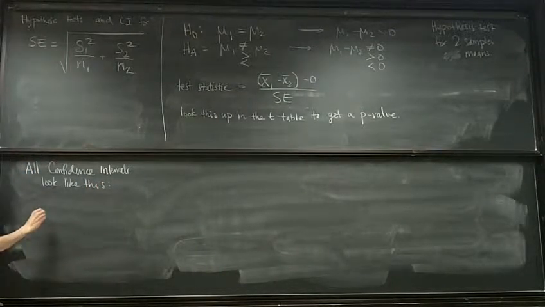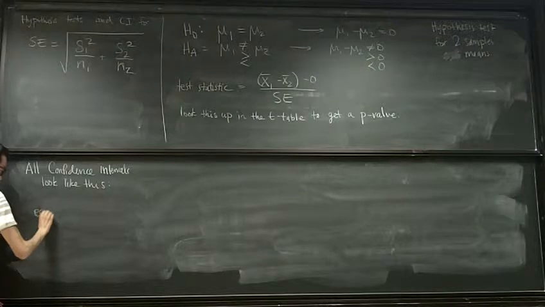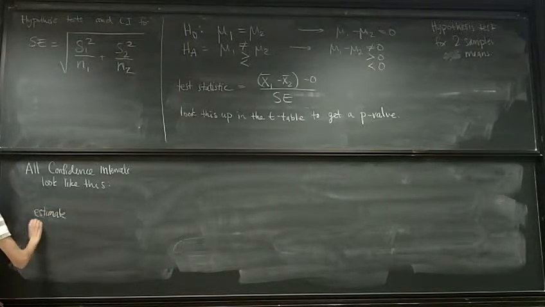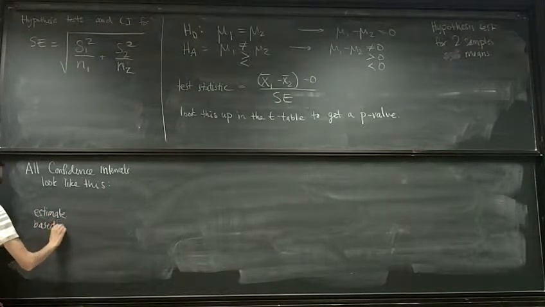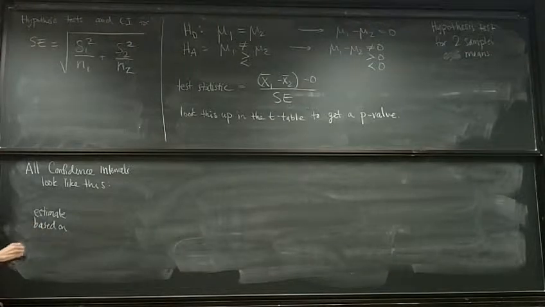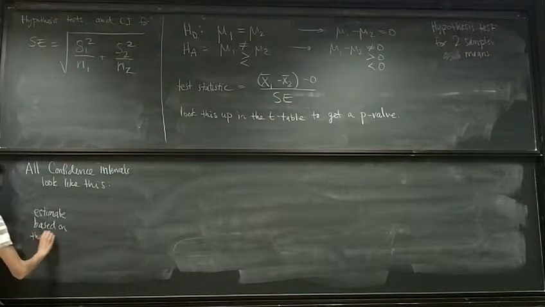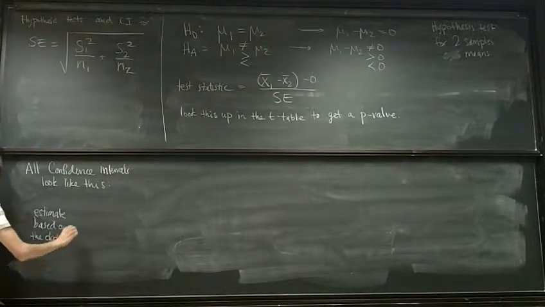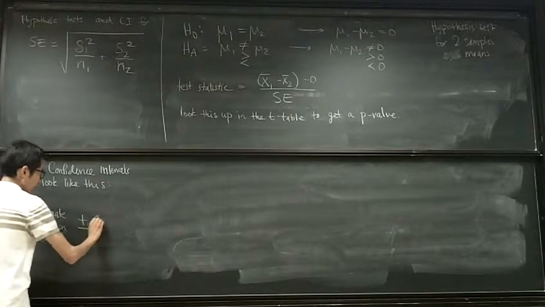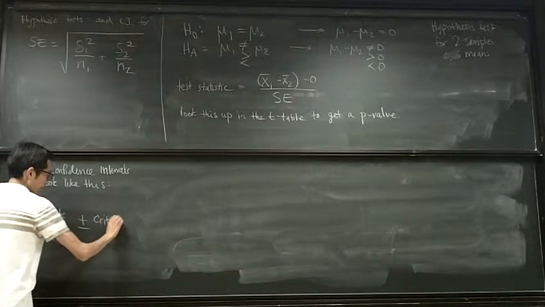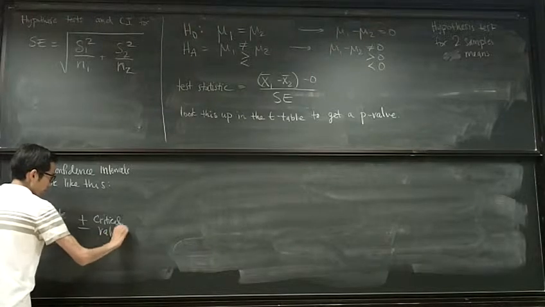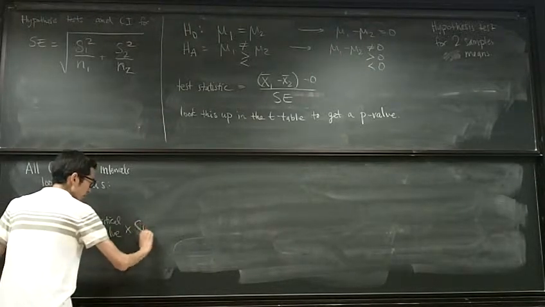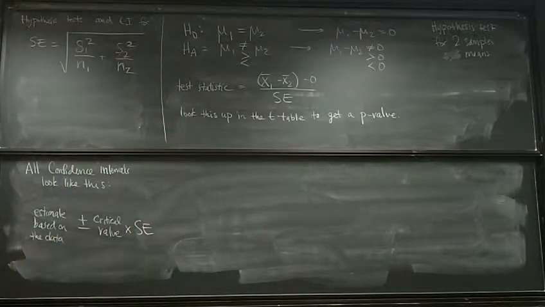An estimate based on the data plus or minus a critical value times the standard error. All confidence intervals look like this.